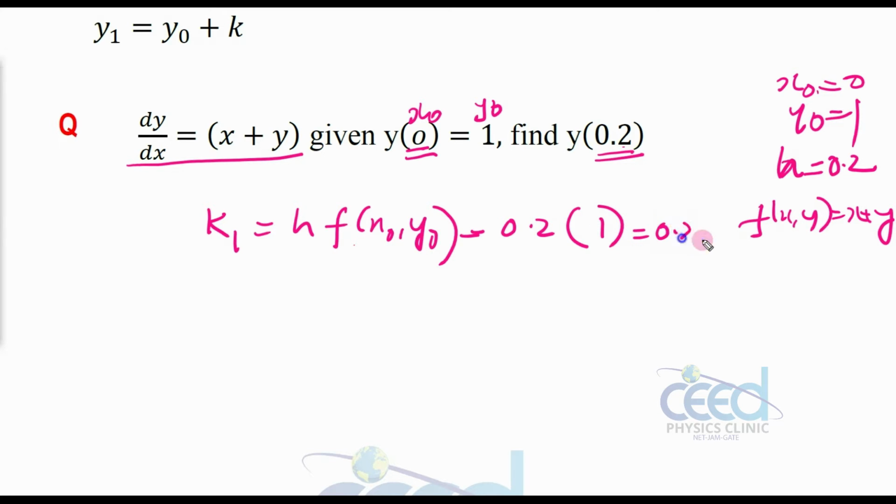So the answer is 0.2. Now what is k2? k2 is equal to h f of x0 plus h by 2 and y0 plus k1 by 2.